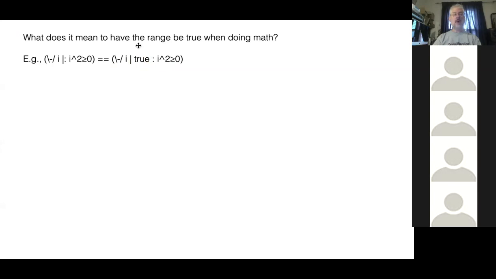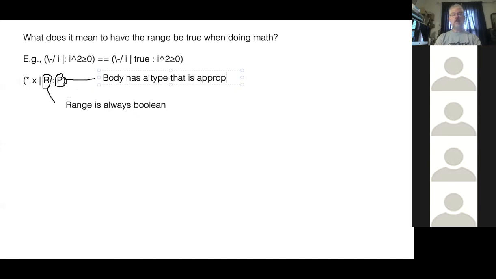And so one thing to be clear about is if we have some operator, so this is the generic quantification, the range is always Boolean, and the body has a type that is appropriate for the operator star.